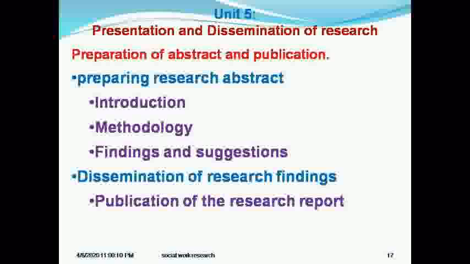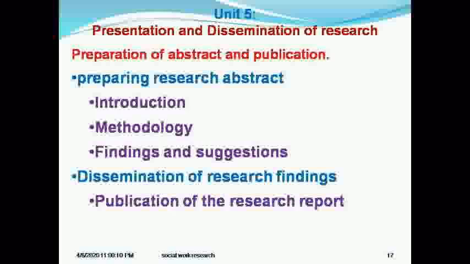The first part is the introduction, a summary of the problem statement, the relevance of the topic, the significance of the research, maybe one page, followed by methodology used for the research, whether it is a descriptive study, or it is an experimental study, or it is a survey research, or it may be comparative analysis, or an impact assessment, what type of study it was. That should be explained, maybe another half a page or one page.